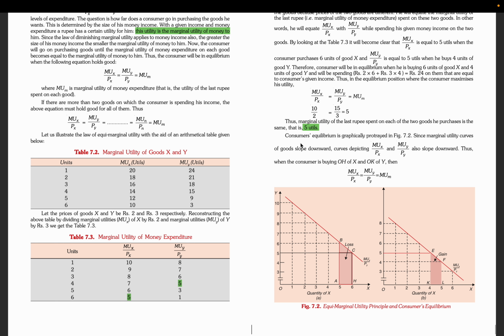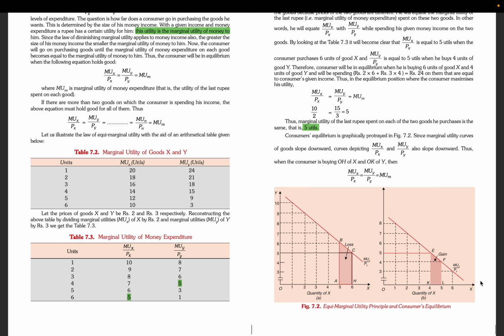Consumer's equilibrium is graphically portrayed in figure 7.2. Since marginal utility curves of the goods slope downwards, we already know how the MU curve is sloping downwards. Curves depicting MUX by PX and MUY by PY also slope downwards.